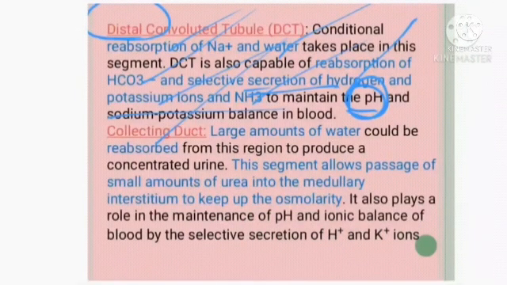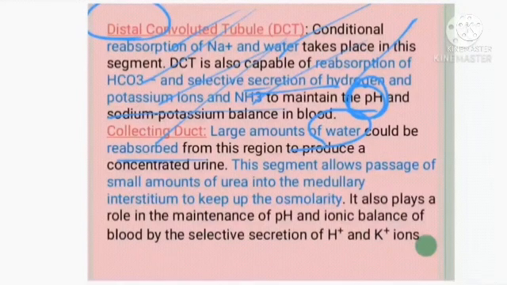So in the collecting duct, a large amount of water could be reabsorbed. Especially when it comes to summer, we lose water through sweating, isn't it? So in that case, water is needed more, and if I am not drinking much water, you can find the urine will become much more yellow. Why? Because it is becoming highly concentrated.